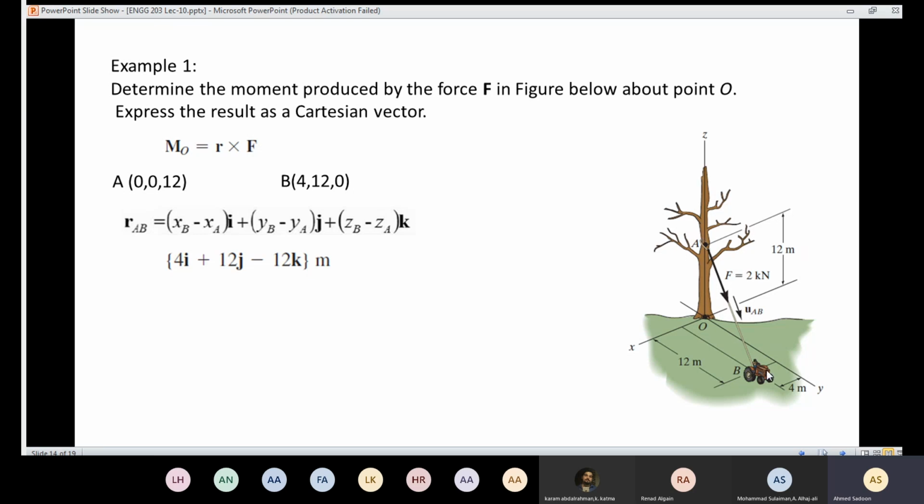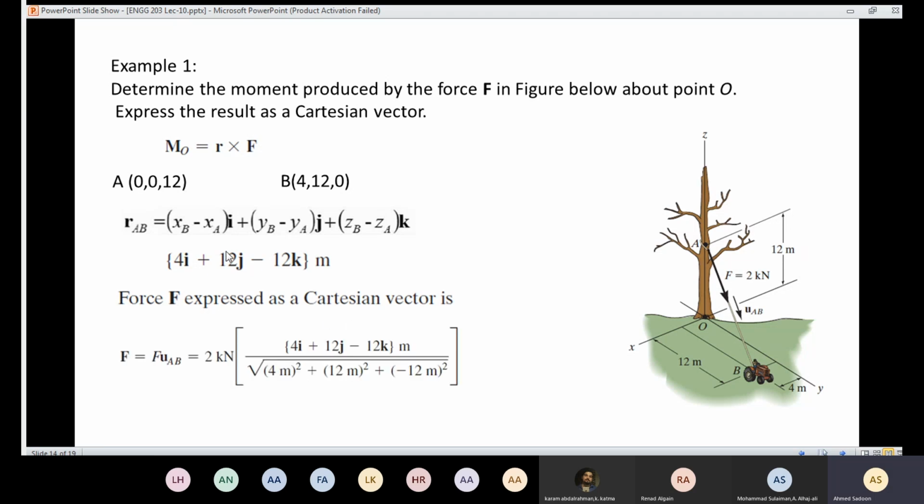So now I know the position vector here. How am I going to move from the position vector to the force vector? I need to divide by its magnitude and multiply by the magnitude of the force, which is 2. How to calculate the magnitude? The magnitude is the square root of 4 squared plus 12 squared plus 12 squared. So in order to express the force as a Cartesian vector, here we have the position vector.